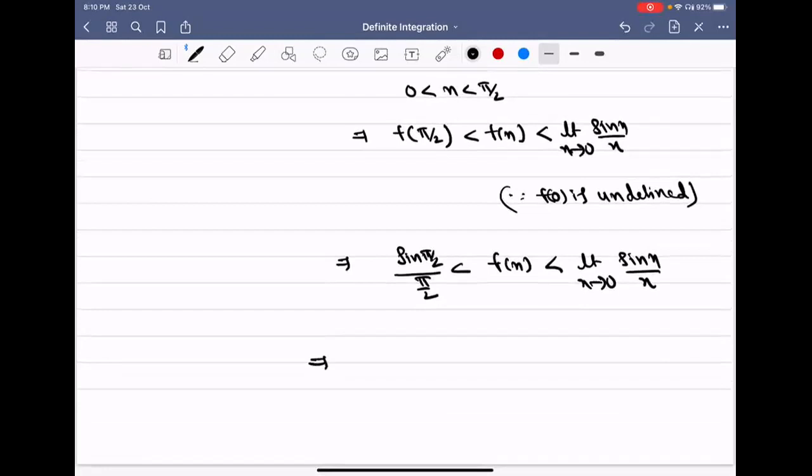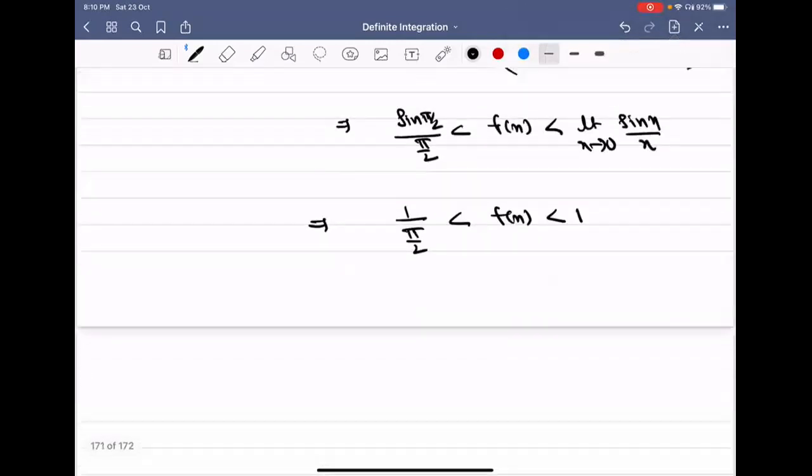That implies 1 by pi by 2 is less than f of x is less than limit x tending to 0 of sin x by x, which is 1. So this implies 2 by pi is less than f of x is less than 1.